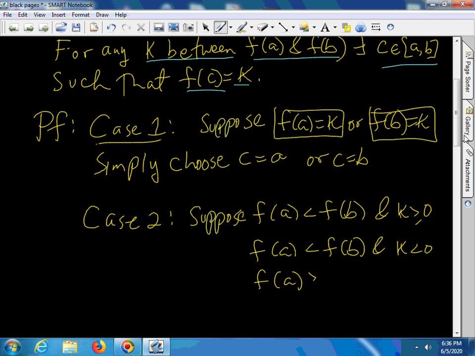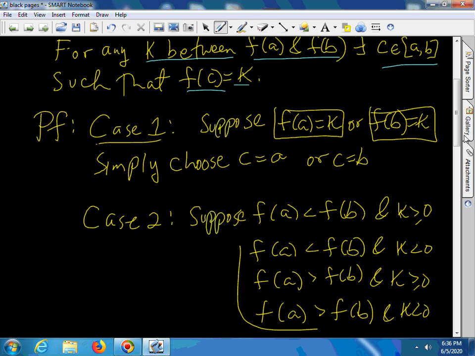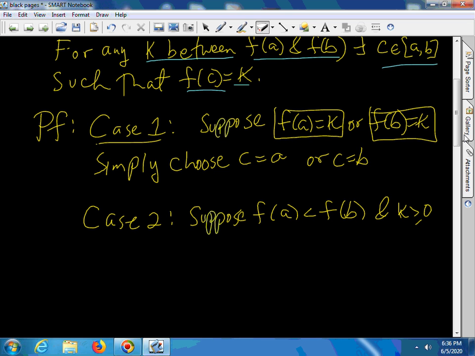And f of a is bigger than f of b, and k is greater than 0. Lastly, if f of a is greater than f of b, but k is less than 0. These last three cases, the proof of them pretty much follows from the proof of case number 2.